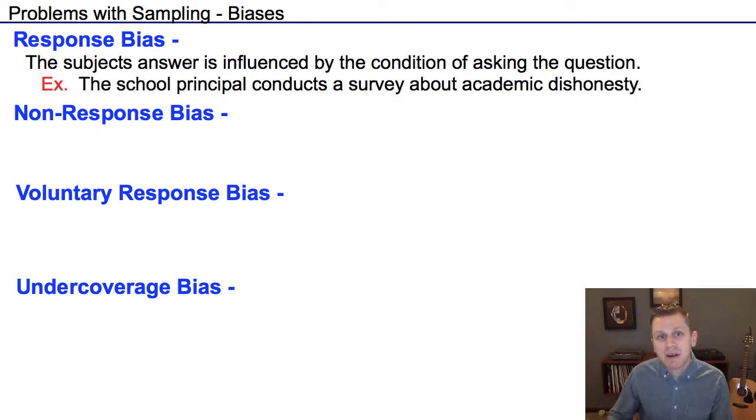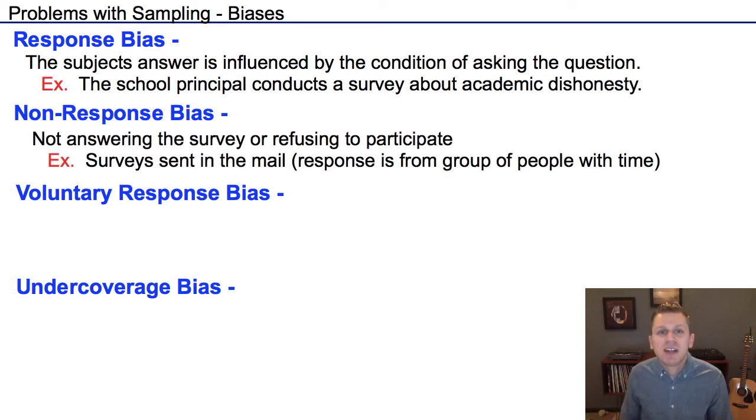The second type of bias is called the non-response bias. In this case, it's when the survey is not answered or someone refuses to participate. For instance, all the time I get surveys sent to me in the mail, and I don't respond to them because I simply don't have enough time. They keep coming and I just keep throwing them out.